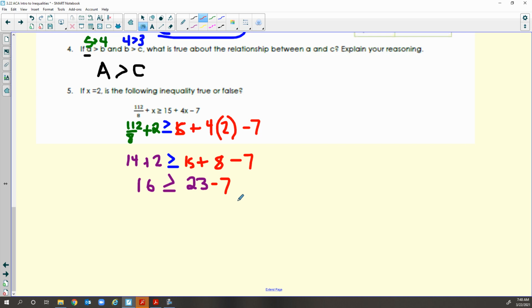And then 23 minus 7 is going to give me 16. So is my statement true? 16 is greater than or equal to 16? Absolutely it is. That's a happy face fun time. And the reason why is because of this equal sign. 16 is in fact equal to 16. They're the same value.